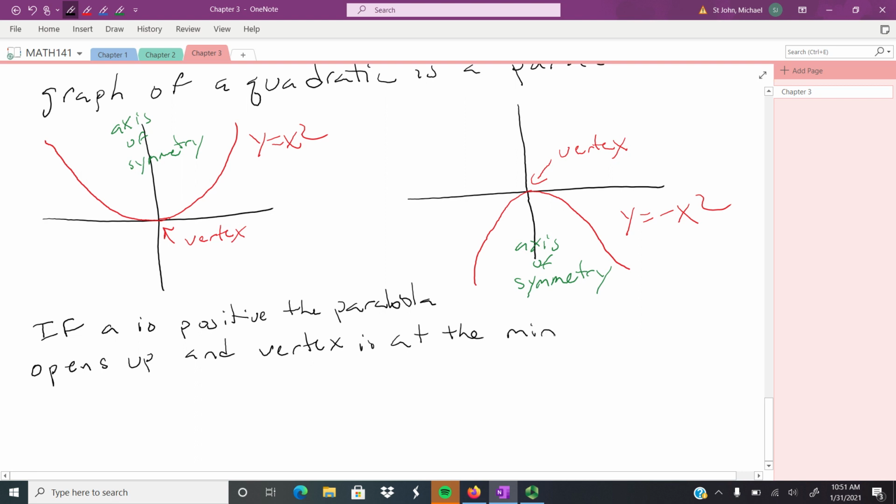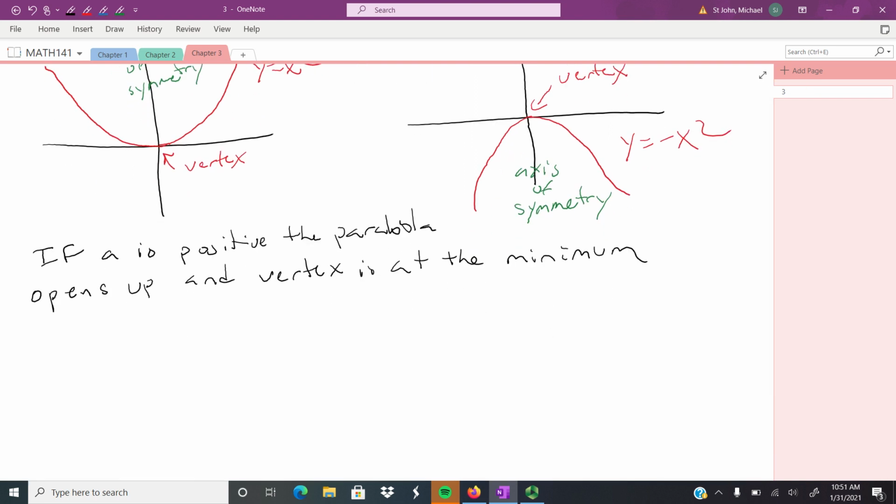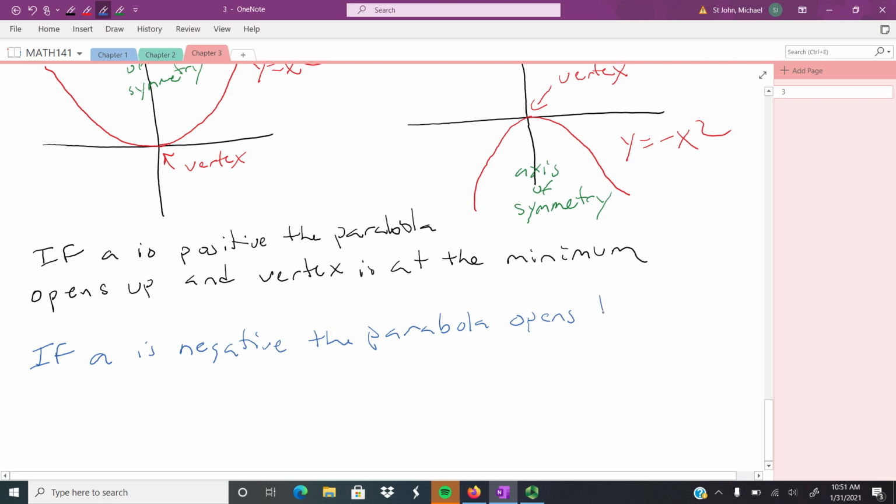So the vertex is at the bottom of the curve. And if a is negative, the parabola opens down and the vertex is at the maximum.